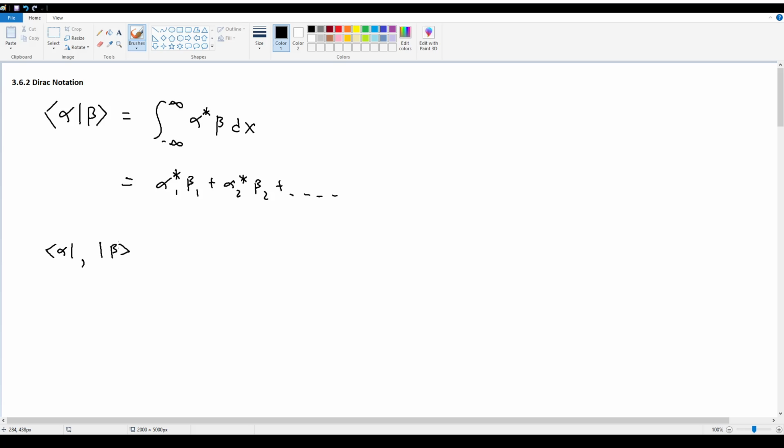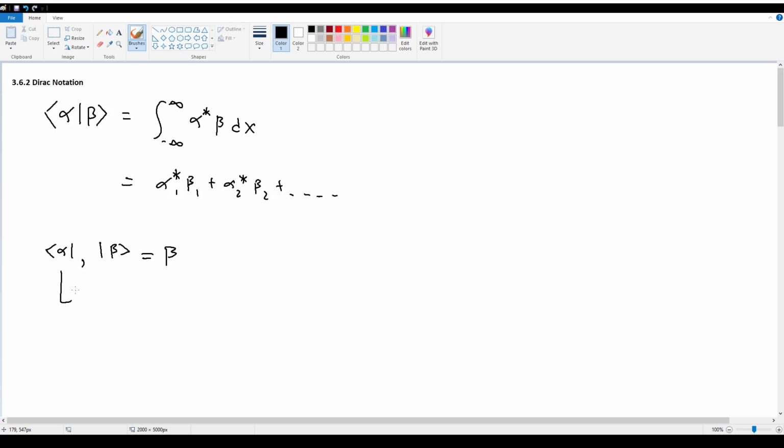Does this have any significance? Is there any way for me to break this up into two disparate parts? Hopefully you already see it, but ket beta is just going to directly translate to beta itself. So ket beta is just a direct translation to beta.